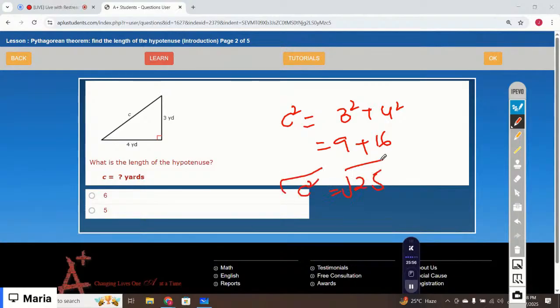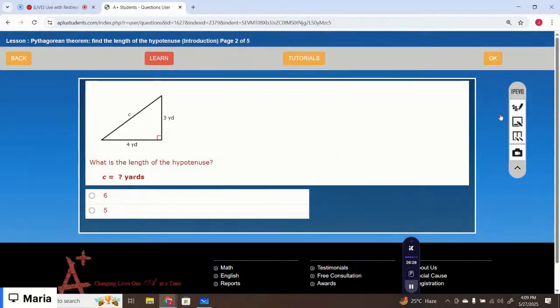We need to take the square root of both sides, so C equals 5. Option number 2 is the correct option.